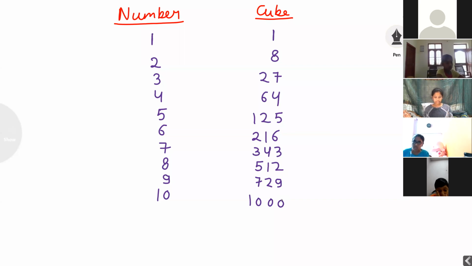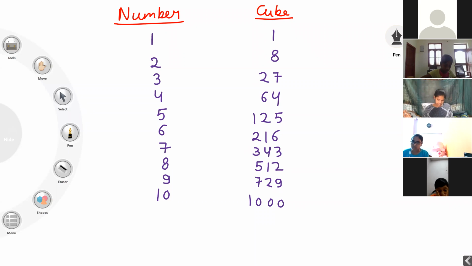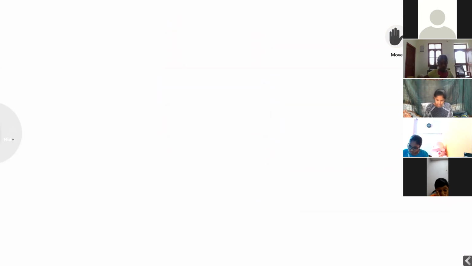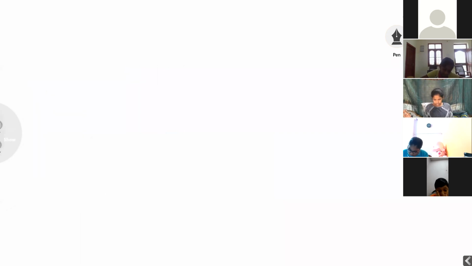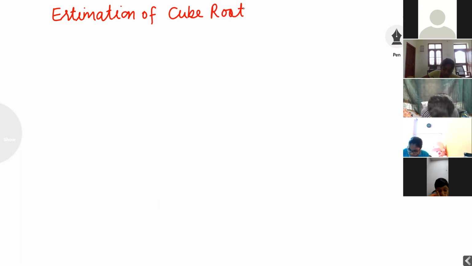It means I want to find the cube root by using the estimation concept.